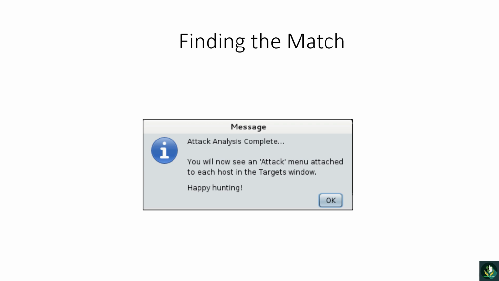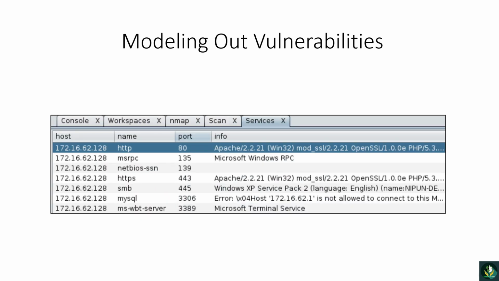And just after we click OK, whenever we click on a host, a new option named attack is now available on the menu, and the submenu will display all of those matching exploit modules that we can launch to target a host. So that's how we can scan using a simple Armitage graphical interface.